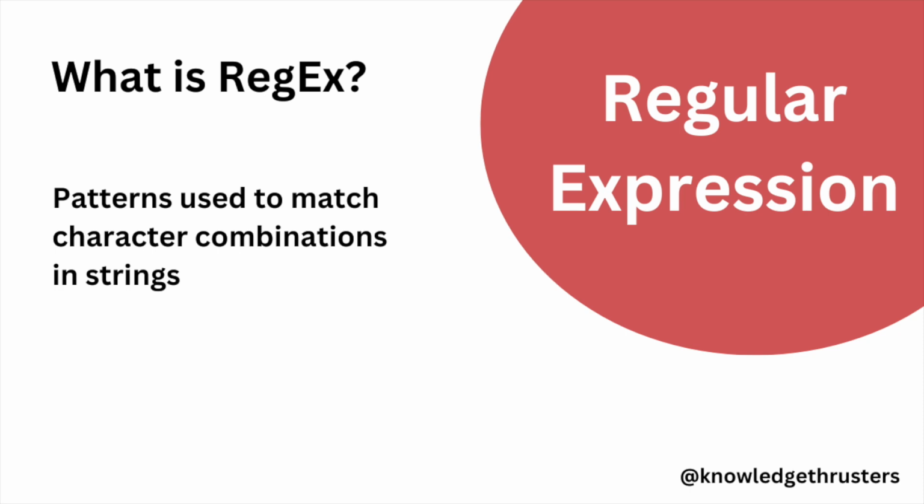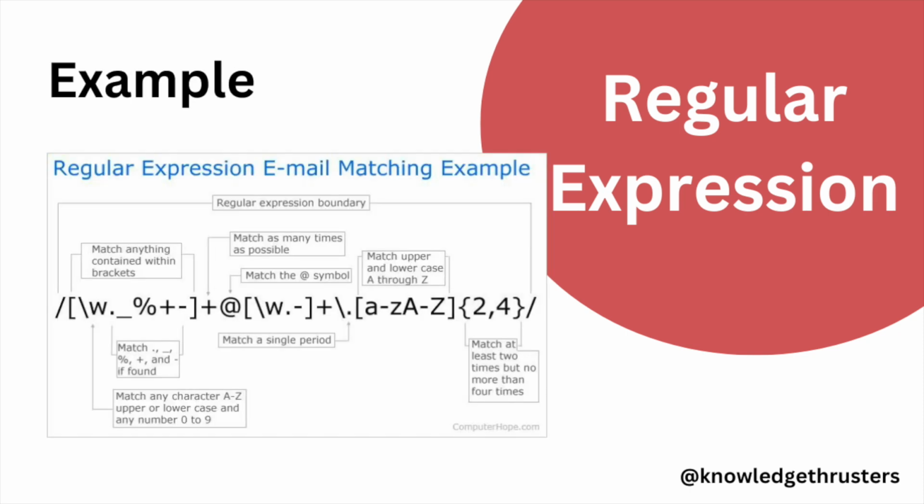So let me show you how to validate an email address using an example. You can see here an example of email matching, and you can see how this regex pattern looks. So slash is the start of the expression. You can see square brackets, which say match anything contained within the brackets. So if you see \w, that contains any character A to Z, upper or lower, and any number 0 to 9.